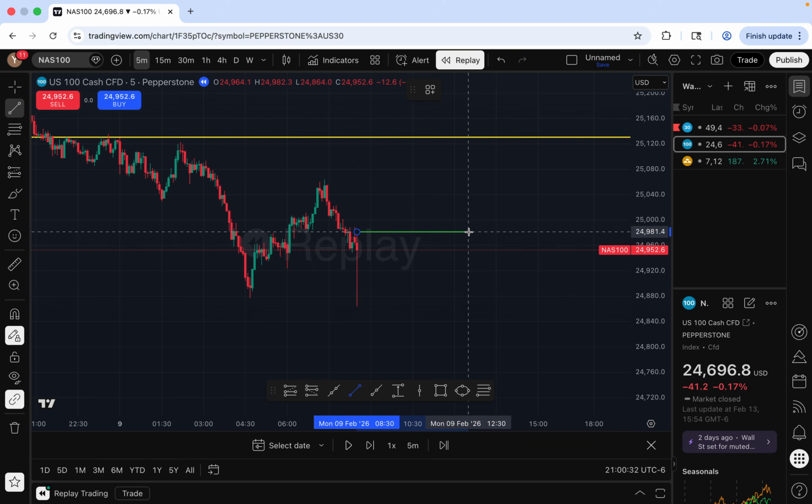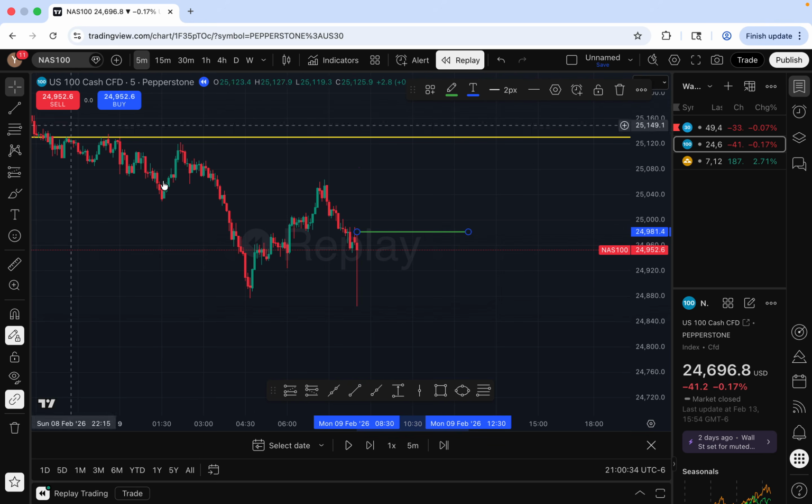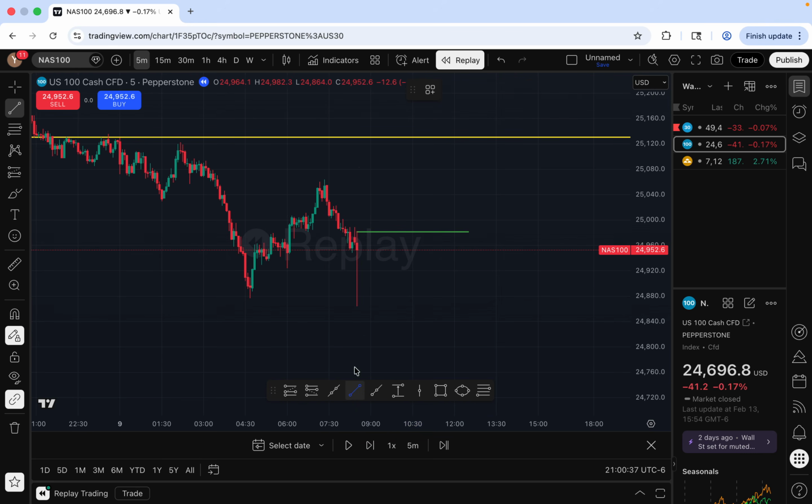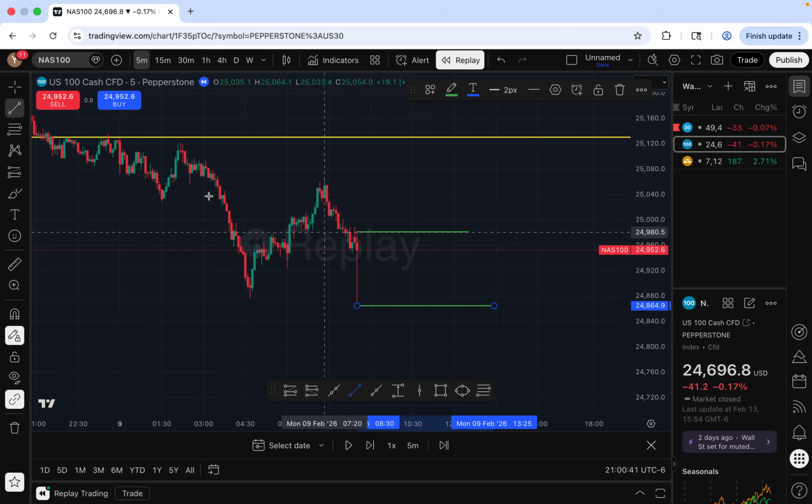If I want more confirmation, I go to the 15, 30, and the hourly, sometimes the 4-hour as well. I mark up the first candle on the 5-minute chart, and I wait for a strong displacement above or below these two lines that I drew. I need a hard displacement up or a hard displacement down.